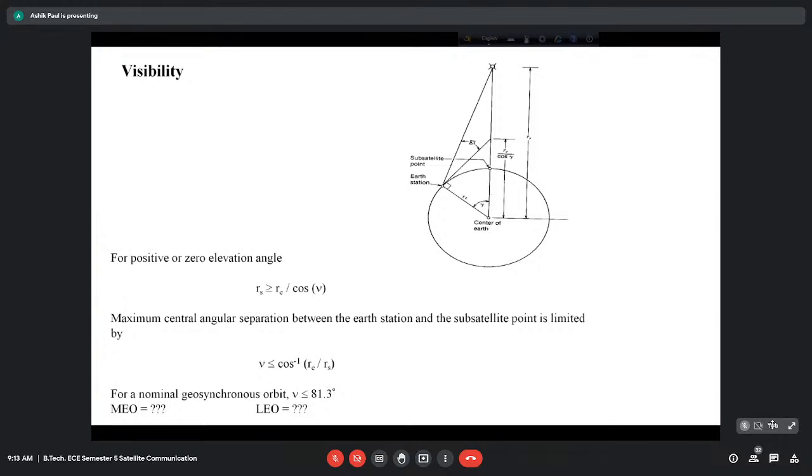So that means for positive or zero elevation angle, because you can understand that when the satellite is aligned with this local horizon, the elevation angle, which is the angle between the local horizon and the line joining the Earth station with the satellite, that line will also be aligned with the local horizon. So the elevation angle will be zero. But for receiving signal, it's fine.